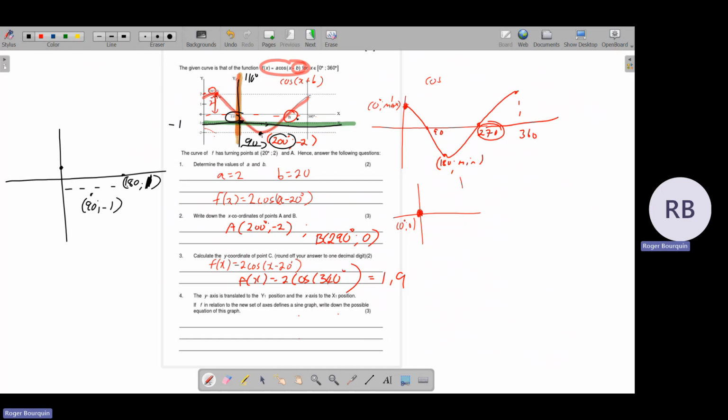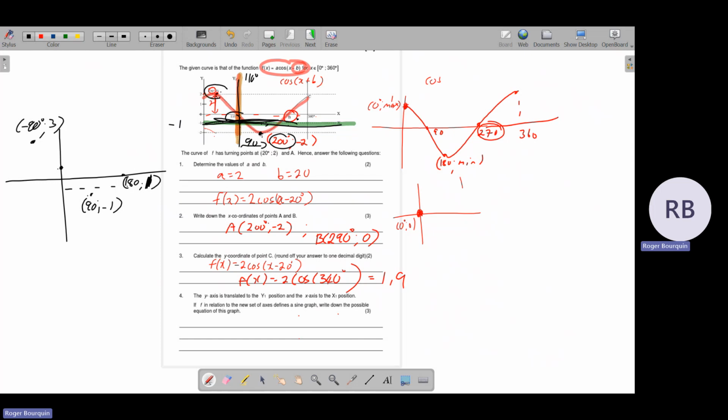So you're going to have negative 90, and what's this going to be now? If this is my new x-axis, how much have you gone up to get from there to 2? It'll be negative 93. So we've got a picture of what's going on here. Have you got that point?